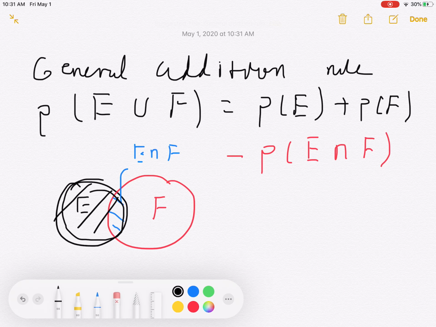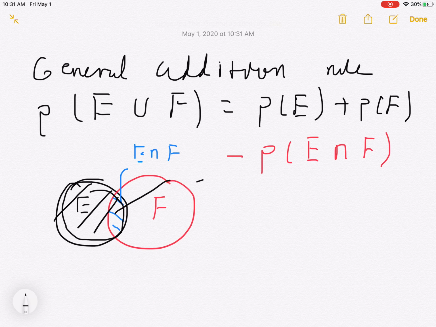Probability of F would be all of that stuff. So I've counted the intersection twice. So this says I'm just going to remove it. Okay. So that's your second rule for the day, the general addition rule.